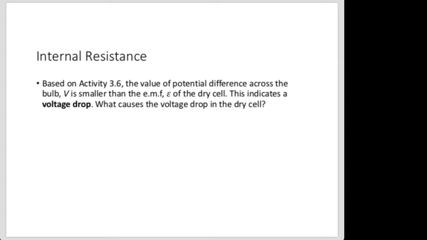So the question is why? Why is it that if a battery has 1.5 volts, by the time you check the voltage or potential difference somewhere else in the circuit, why does it suddenly become lower? Why does it suddenly become 1.3? And the reason being is this thing, what we call internal resistance.